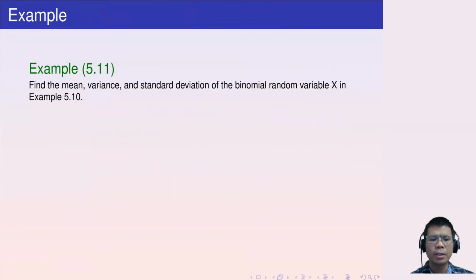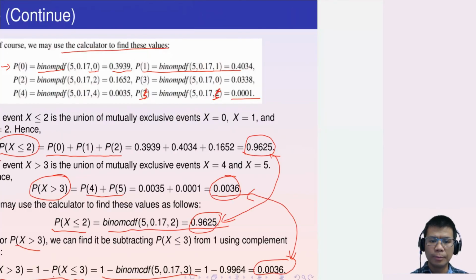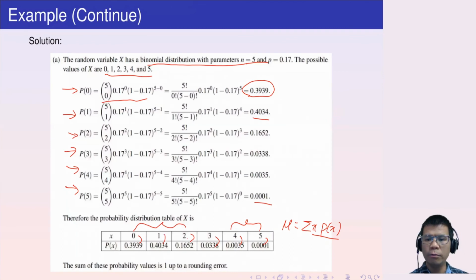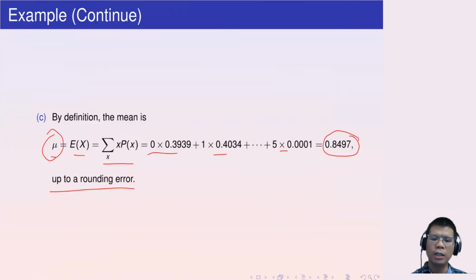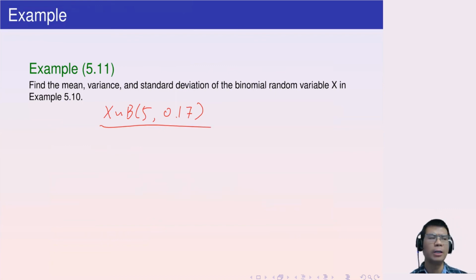For instance, consider this example: find the mean, variance, and standard deviation of the binomial random variable in example 5.10. In the last example, as we know, X has a binomial distribution with n is 5, p is 0.17.